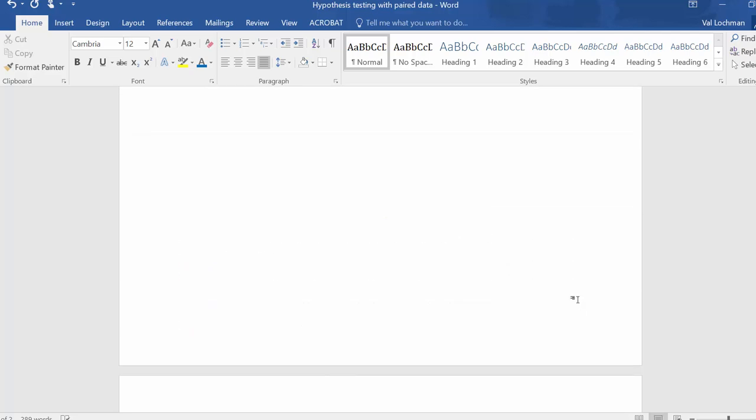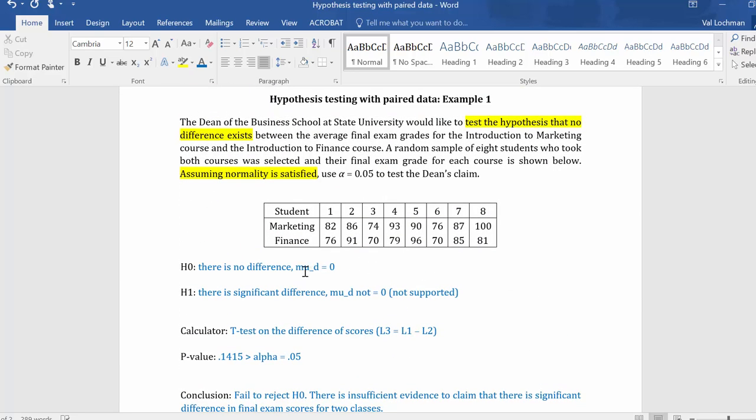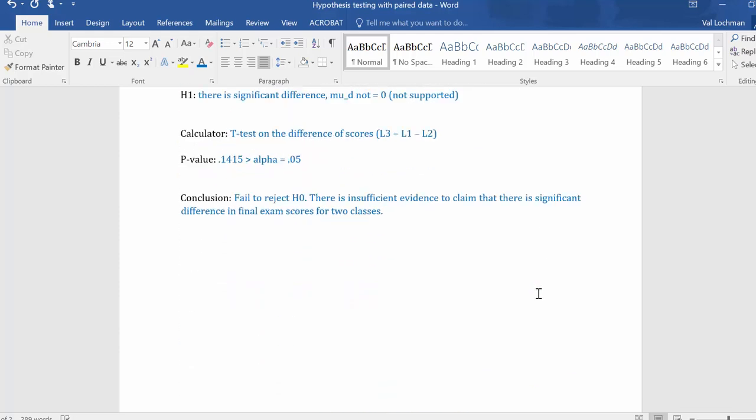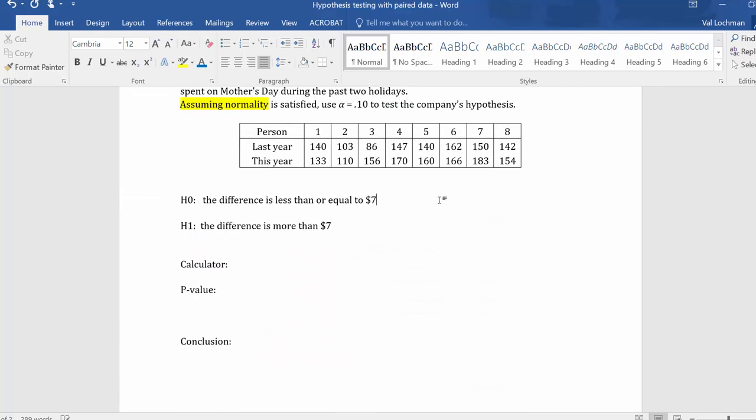So if you look at problem 1, yes, we said mu d is equal to 0, not here. This is not the case. So as far as notation goes, you would say mu of d is less than or equal to 7, okay? And then here we want to see if people spent more money, and by how much more? More than $7 per person, okay?